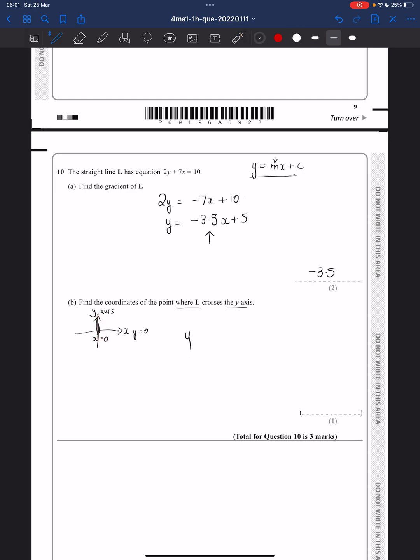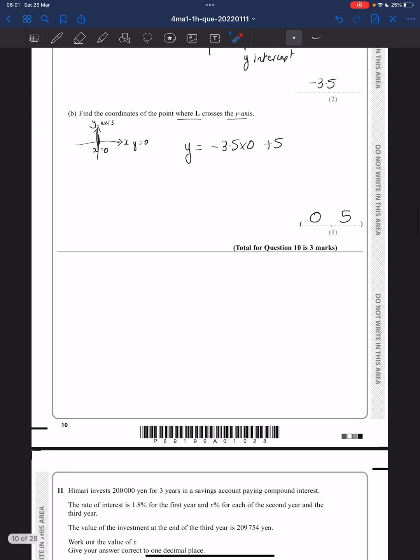So we've got y is minus 3.5 times 0 plus c, plus 5. If you've got it in this form, that is what's called the y-intercept, vertical axis. So it's just 5. So x is 0, y is 5. Yeah, that's going down that way. Anyway, there we go.